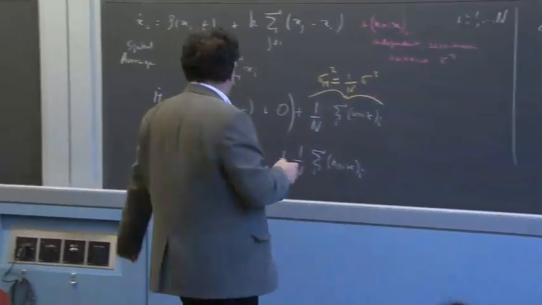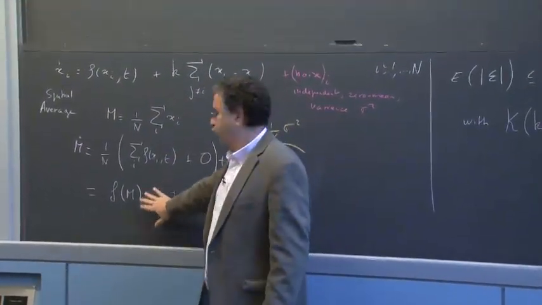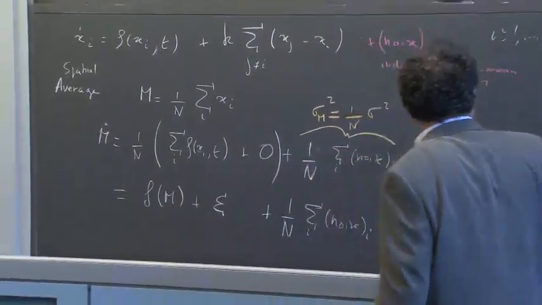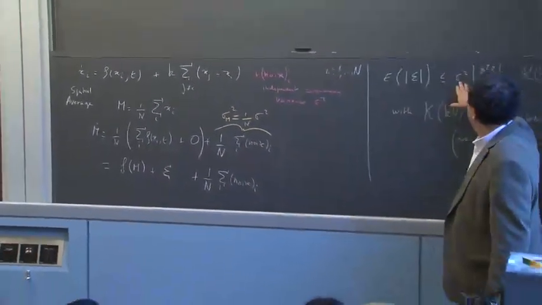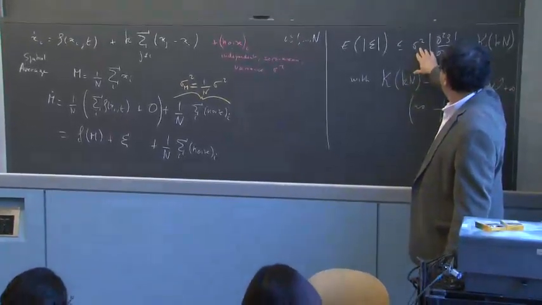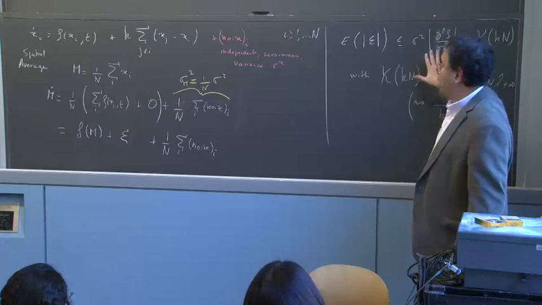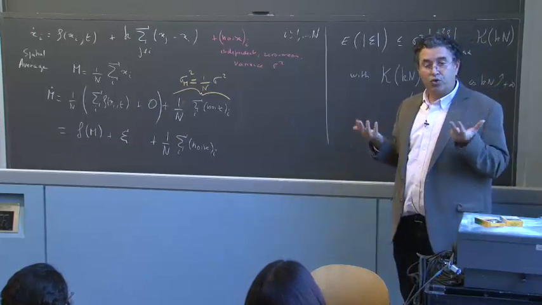However, in general, of course, it's not true because of this epsilon term. And actually this epsilon term is going to increase as you have larger noise, of course, and the system is more nonlinear.